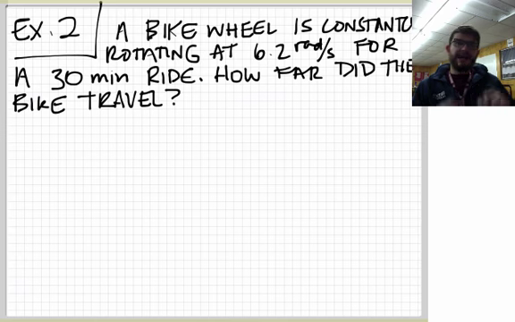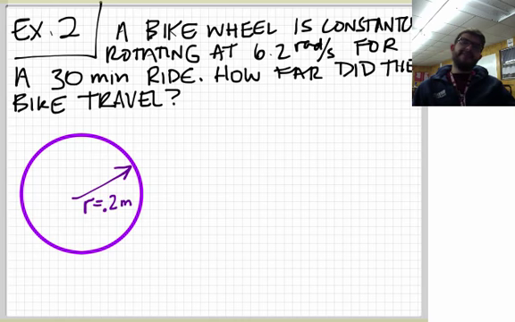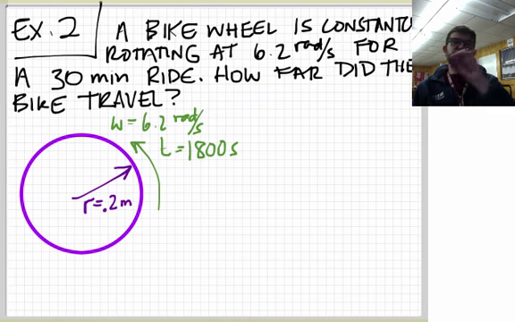So I hop on my bike, go for a 30-minute ride, and the angular velocity of the wheel is 6.2 rads per second for the entire ride. Let's say my bike wheel has a radius of 20 centimeters, which would be 0.2 meters. It takes me 1,800 seconds because I converted 30 minutes to seconds.